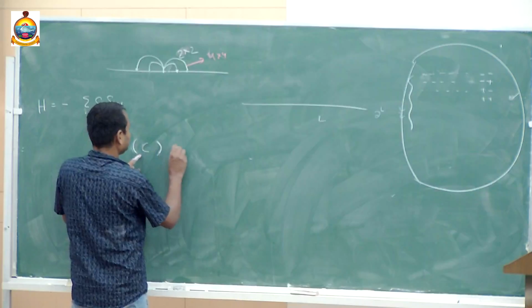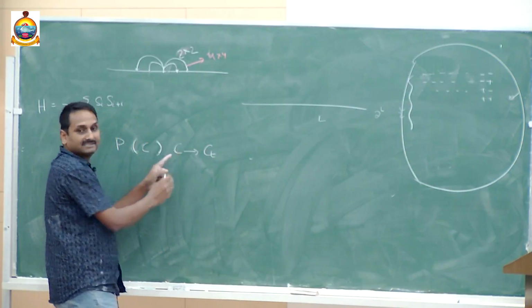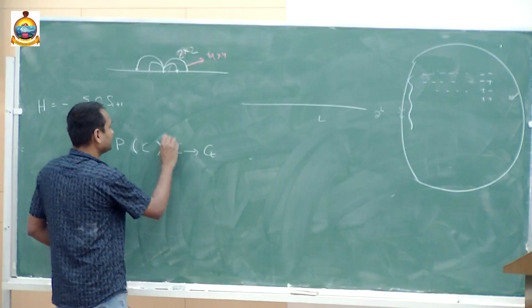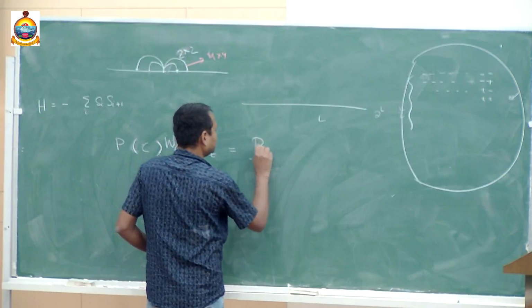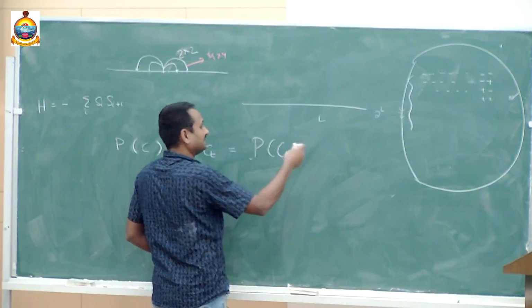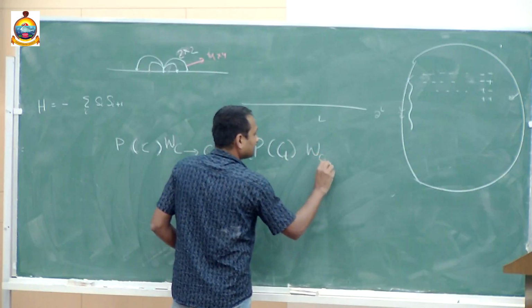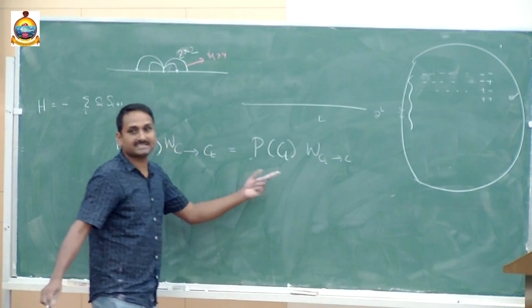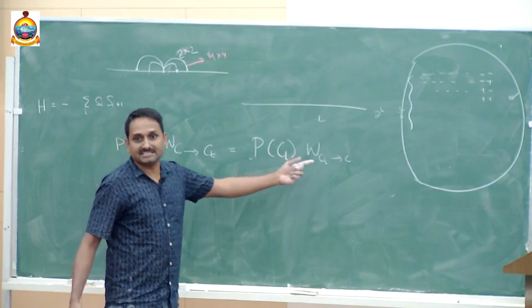So the probability of C going to C trial, and there must be a rate for that. So P(C) W(C goes to C trial) equals the probability of being in that configuration and coming back, P(C trial) W(C trial going to C). So this is the general configuration and C trial is the trial configuration. Okay. So this equation must be satisfied.